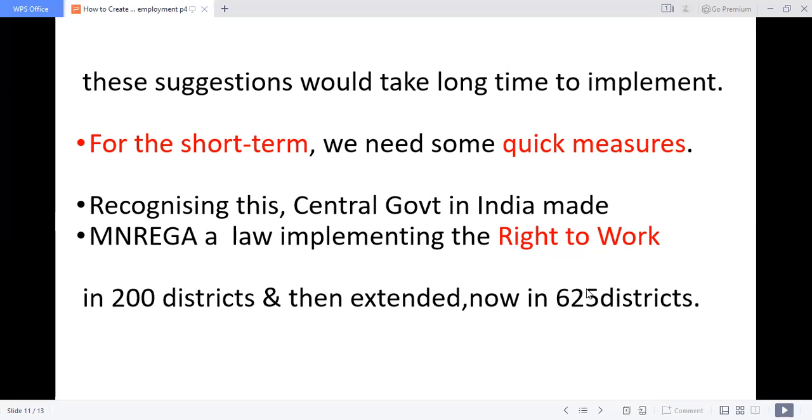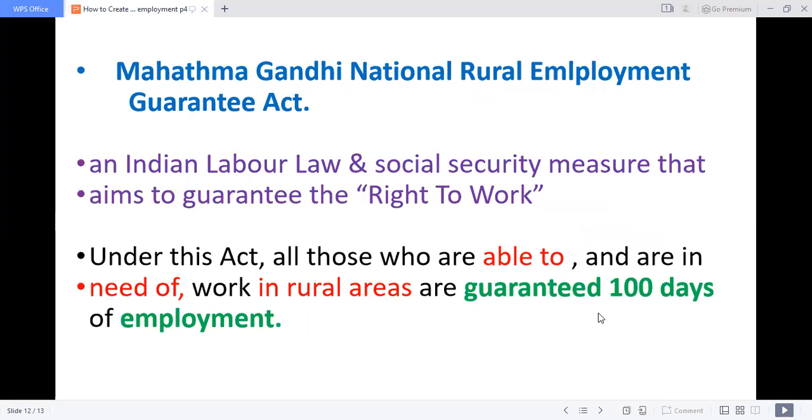Now this system is in practice in 625 districts. Let us see what MNREGA is. This is the Mahatma Gandhi National Rural Employment Guarantee Act.